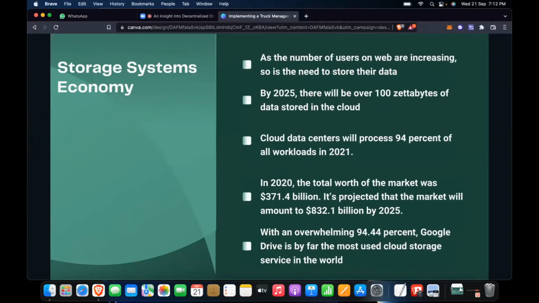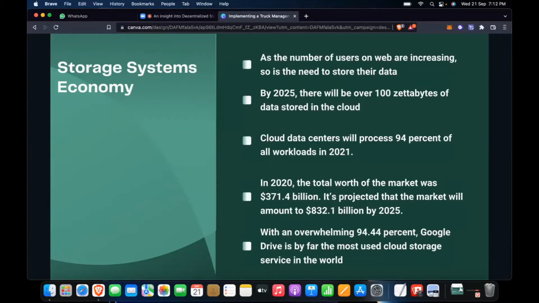In 2020, the total worth of the market was $371.4 billion. It's projected that the market will increase up to $832.1 billion by 2025, with an overwhelming 94.44% of data being stored on Google Drive, which again is a centralized cloud storage.